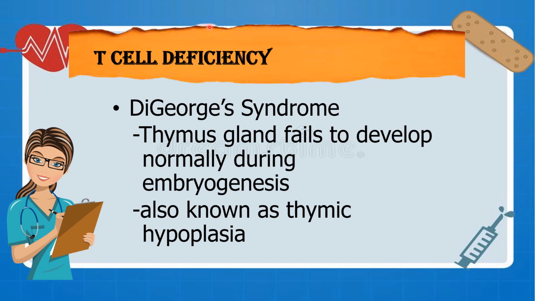It usually manifests in the neonatal period, and a child born with this disorder suffers from hypoparathyroidism that results in hypocalcemia, or cleft palate and possible renal abnormalities. They are susceptible to all types of infection.